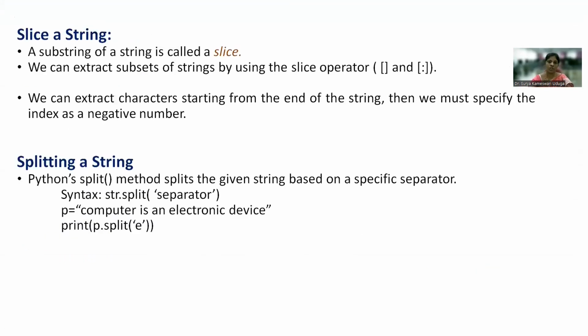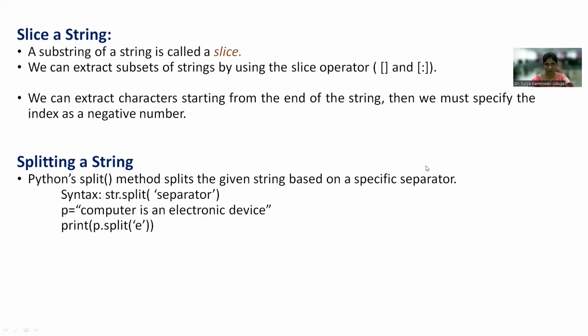Next one is slicing a string. We can extract subsets of a string. What is the meaning of slice? Slice means a part of a string, a substring. How do we extract subsets of a string? By using the slice operator.